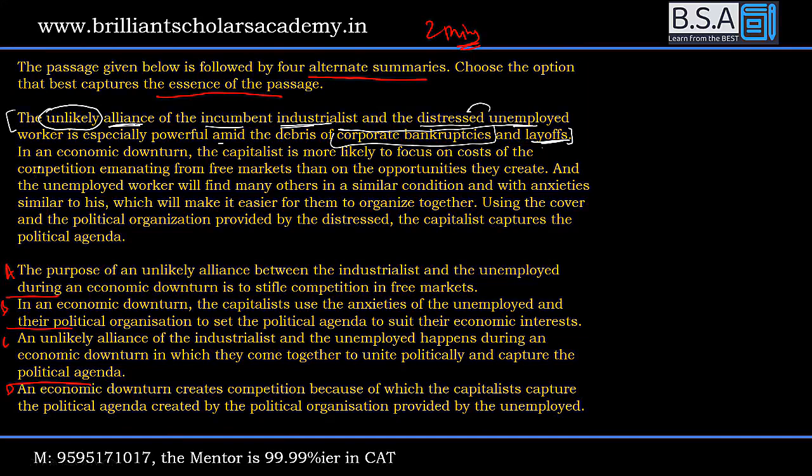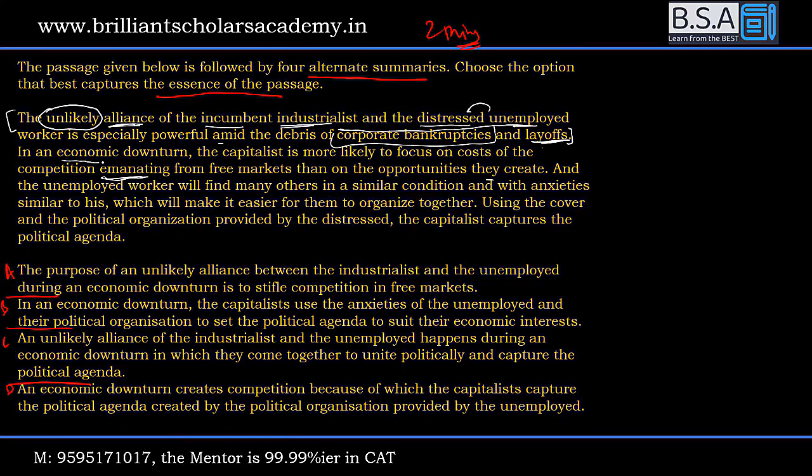That is unlikely. In an economic downturn, the capitalist is more likely to focus on the cost of competition emanating from free markets than on the opportunities they create. Emanating means coming out, emerging, like the fragrance coming from an incense stick.